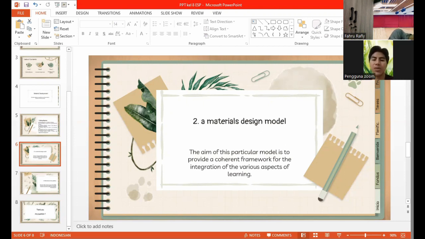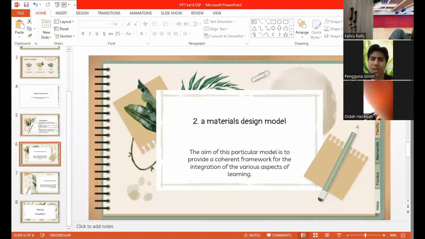Second, subject matter content is fundamental to ESP materials, also known as career content, informative content, discipline-based knowledge, specific content, specialist knowledge, or expert knowledge.